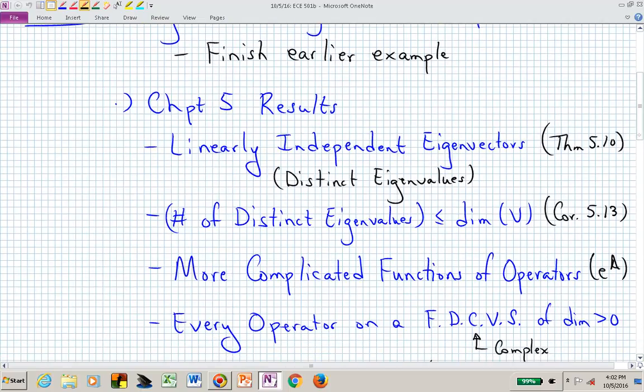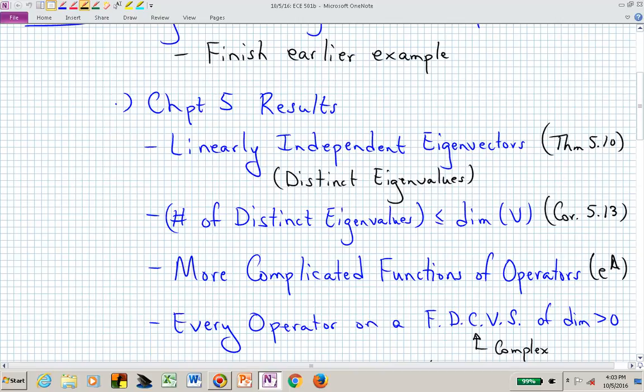The number of distinct eigenvalues, maybe this is obvious, is less than or equal to the dimension of our vector space, capital V. And so if our vector space is n-dimensional, it's finite, then we can't have any more than that in terms of distinct eigenvalues.